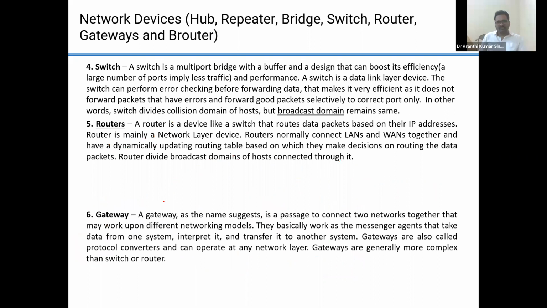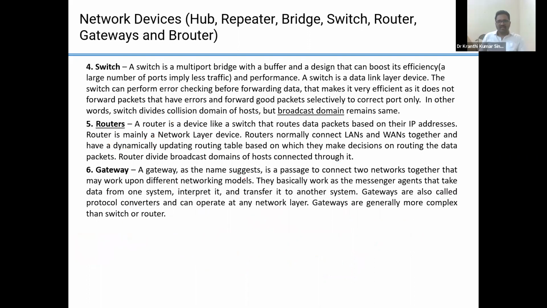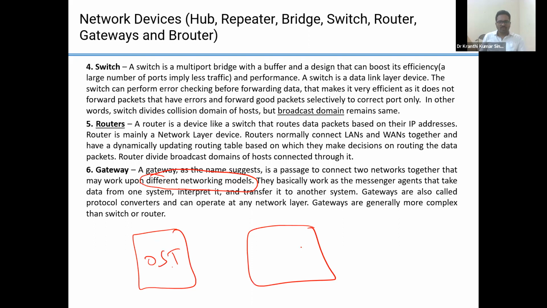And what is a gateway? A gateway, as the name suggests, is a passage to connect two networks together that may work upon different network models. As of now, whether it is a switch or router, for example, this particular device combination, these are following the OSI model only.